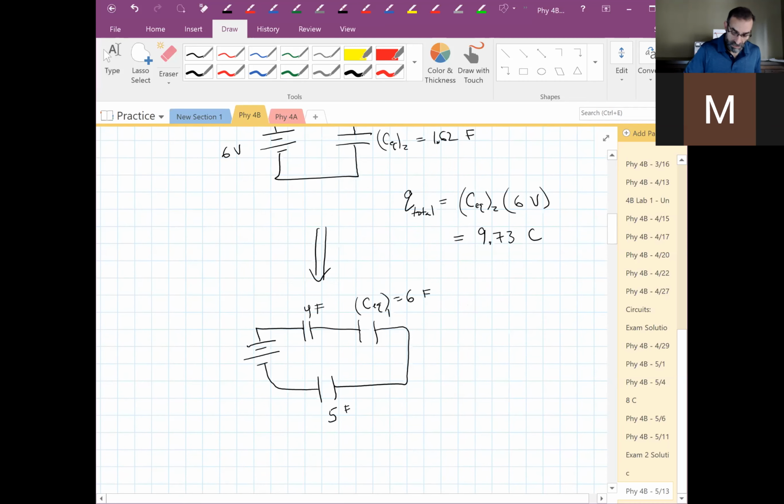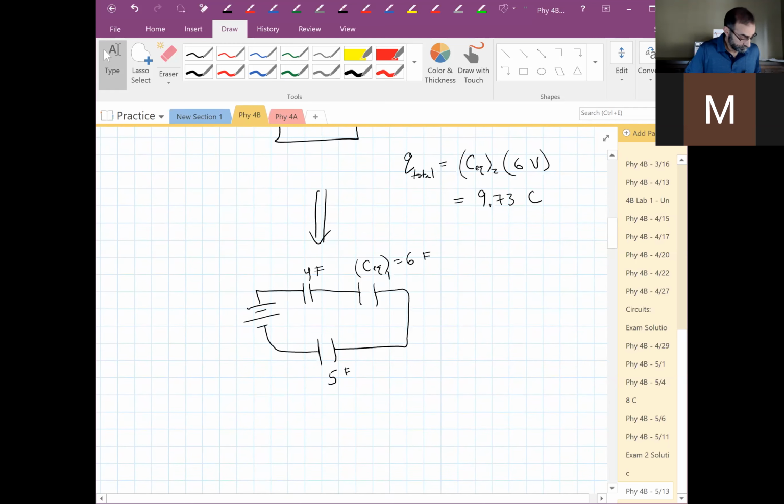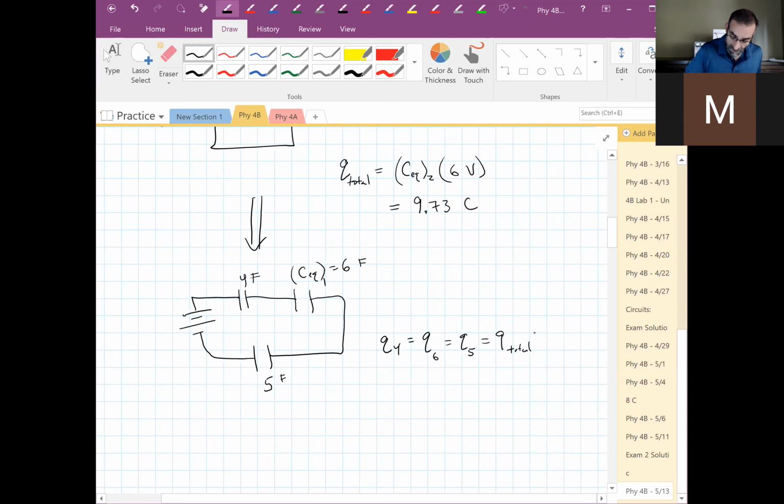So Q4 equals Q6 equals Q5 equals Q total equals, I'm running out of room, 9.73 coulombs.